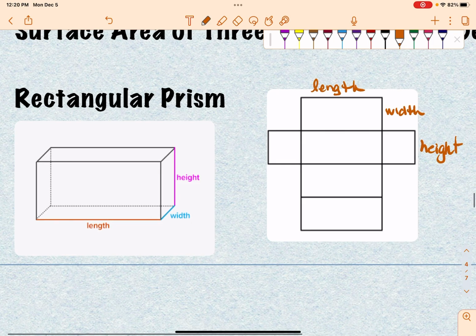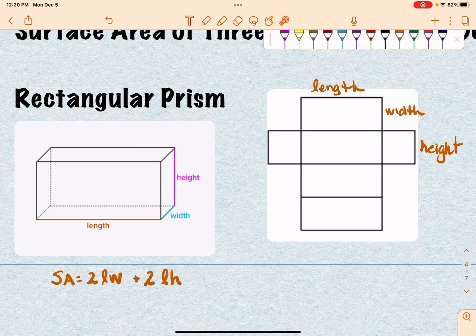So to do surface area, I will use the formula 2 length times width, because that means that there are 2 of these that would be kind of the bottom and the top areas in your shape. And then I'm going to do 2 length times height.